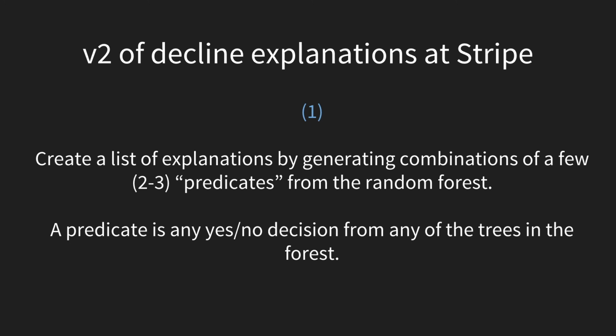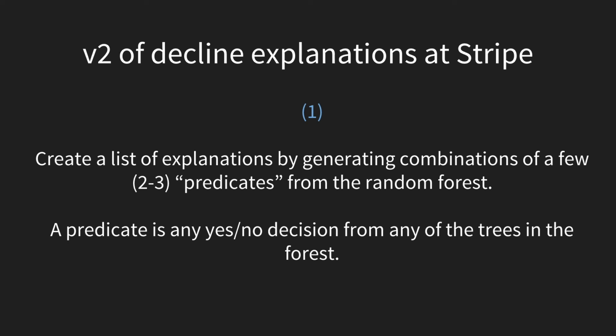The first step in building a model explanation is to create a list of potential explanations from a forest. So basically, take several different combinations of 2 or 3 predicates from a forest. The word predicate here just means any question that you ask in the decision tree at any of the nodes. An example of a predicate is: did the card country of issue match the country that the card was being used in?